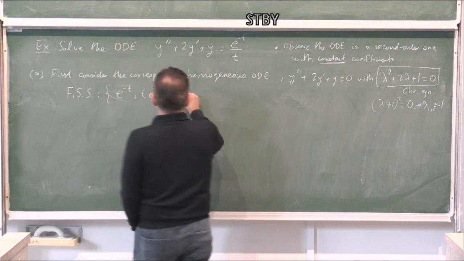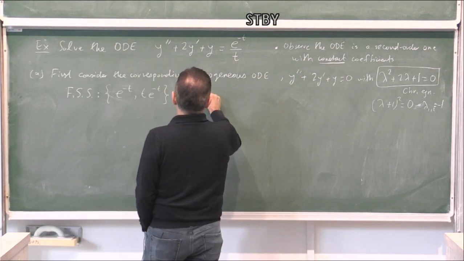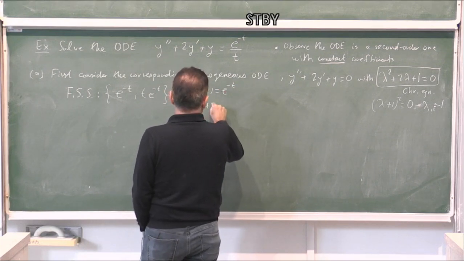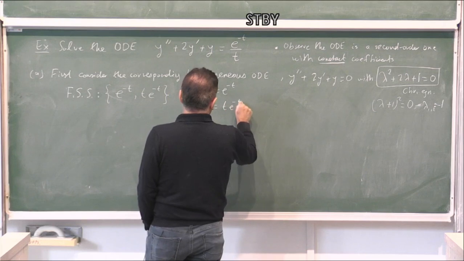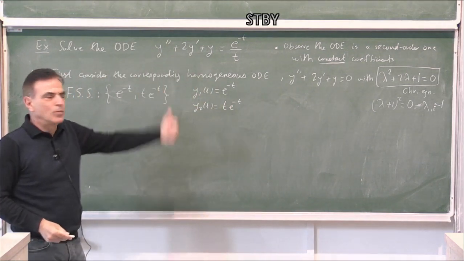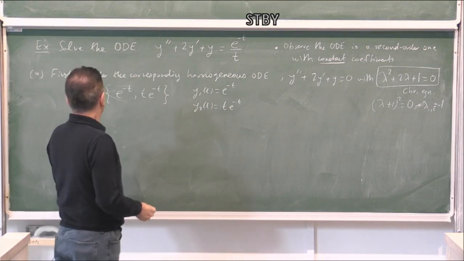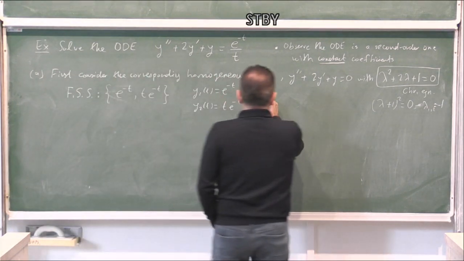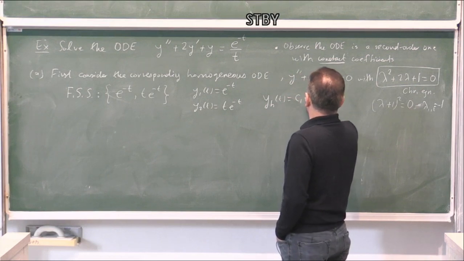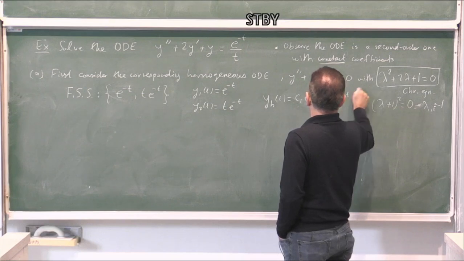Okay? So y1 of t is e to power minus t, y2 of t is t times e to power minus t, the two linearly independent solutions of the corresponding homogeneous equation. So with this, you can easily see that the homogeneous solution is C1 e to power minus t plus C2 t e to power minus t.